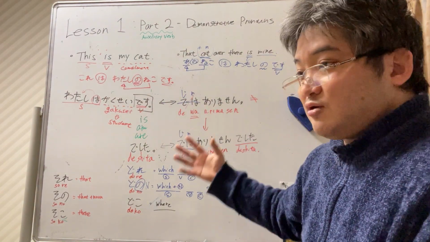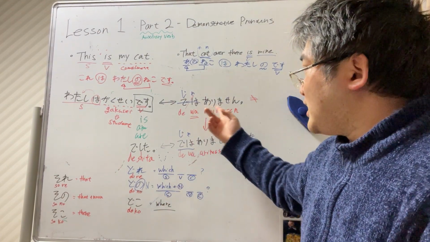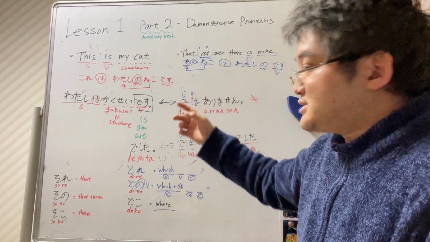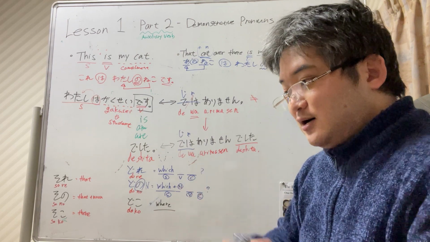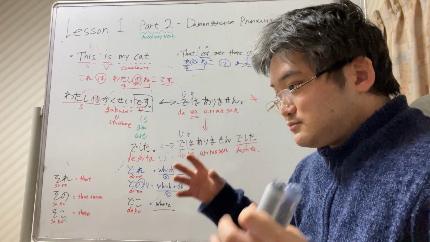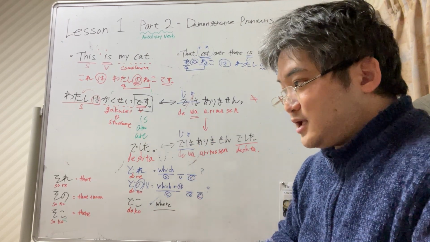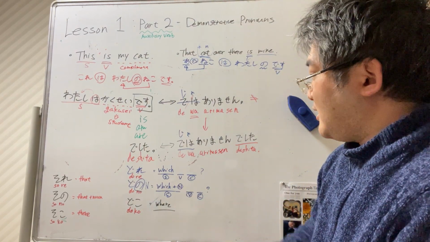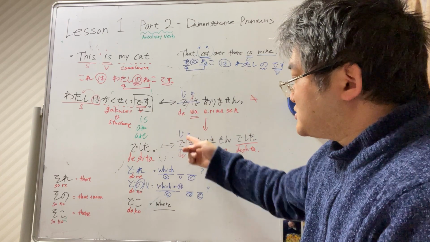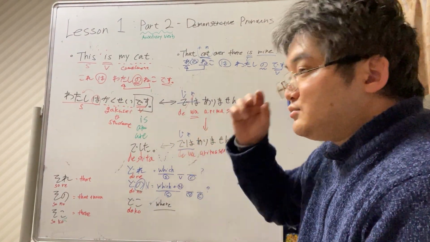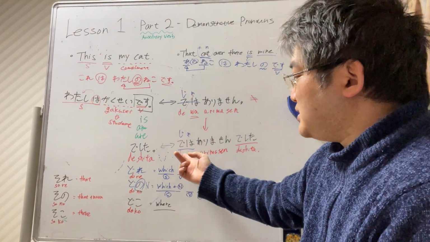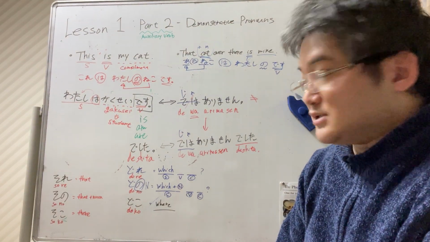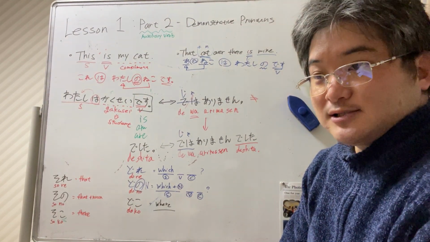It's a combination of a casual and polite form, a polite ending with a casualized juncture, I guess. So you could use either way, but I would suggest you remember dewa arimasen instead of ja.